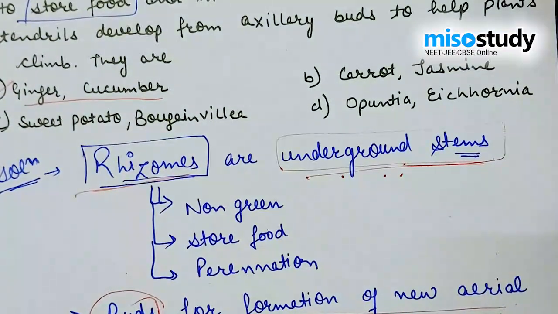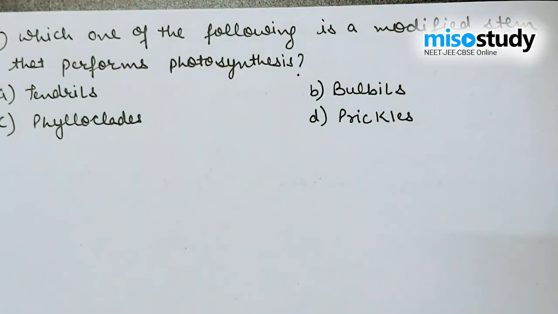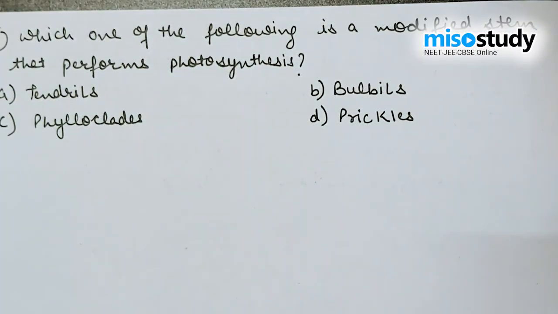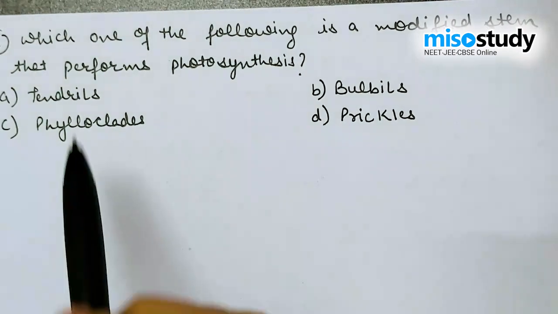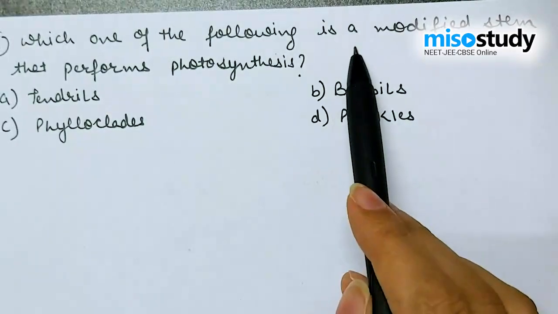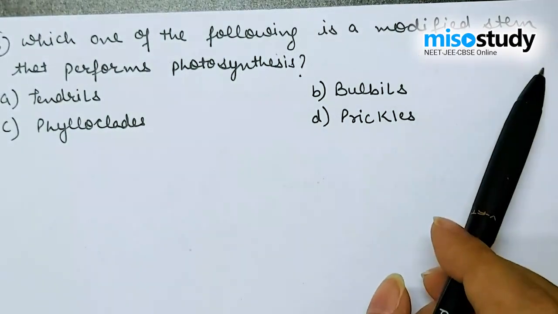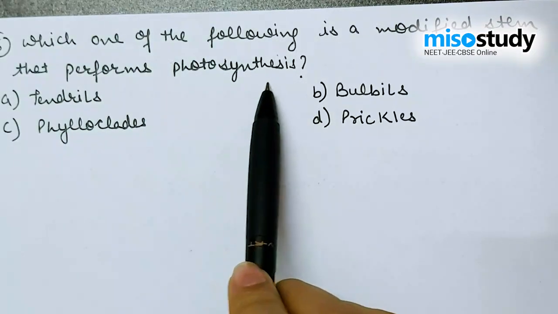So let's discuss the next question, question number 6. Students, moving on to the next question from the morphology of flowering plants: which one of the following is a modified stem that performs the process of photosynthesis?